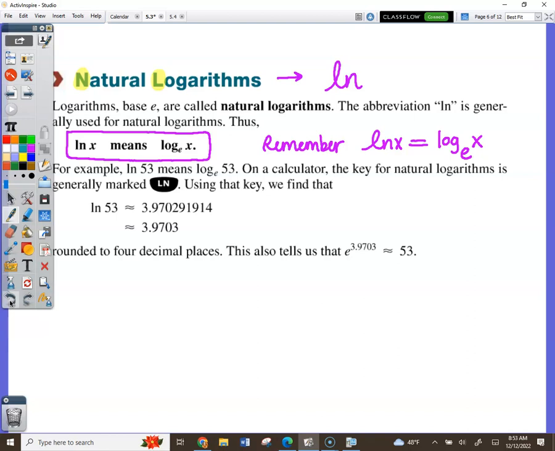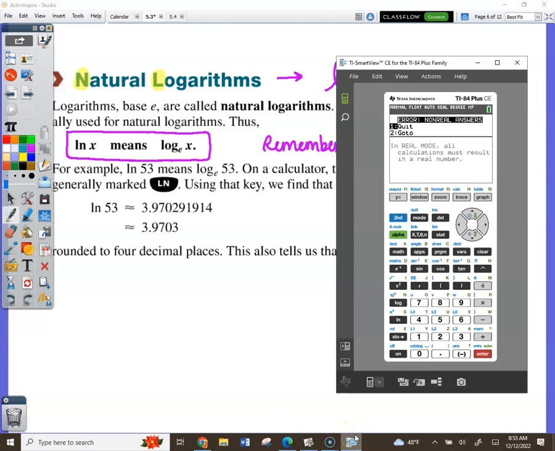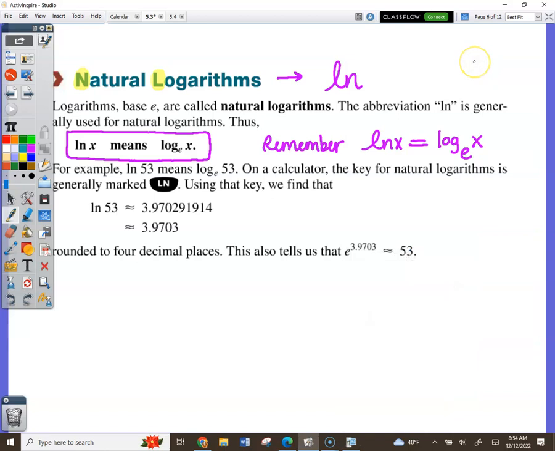What's the takeaway here? Two takeaways. First of all, there is a nice fancy little LN button. See it? Don't you love that? I love when there's a button. What do you notice is right above it? E. You remember E from the other lesson, 5.2? E and LN are inverses of each other. Okay? So here's another big takeaway.